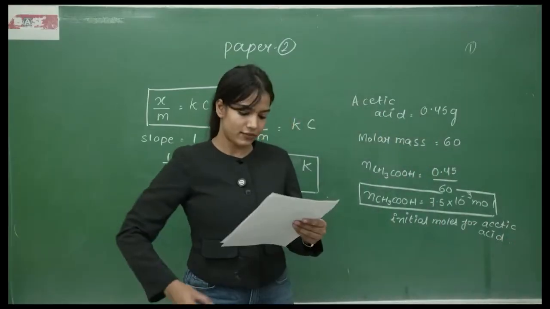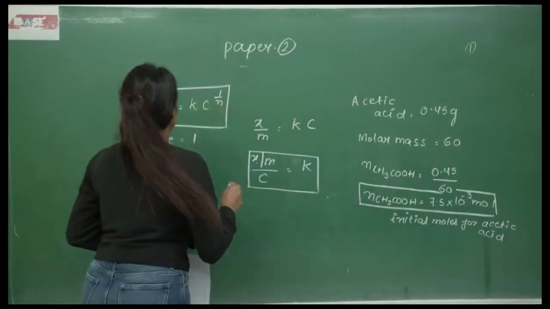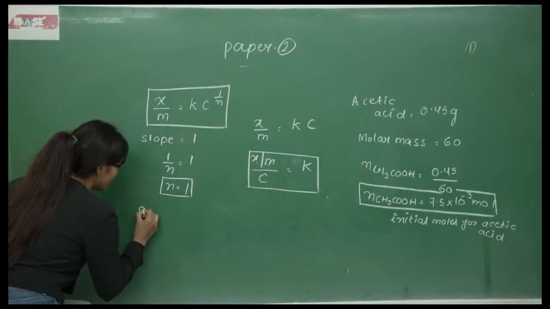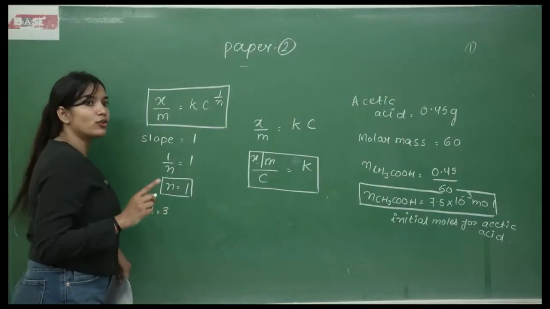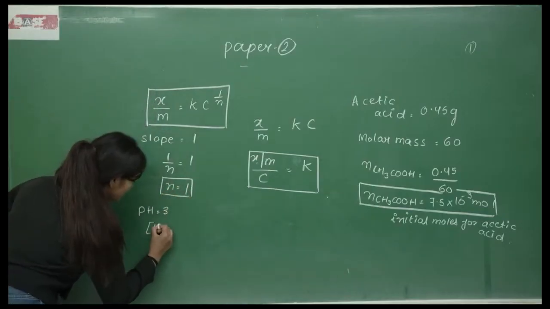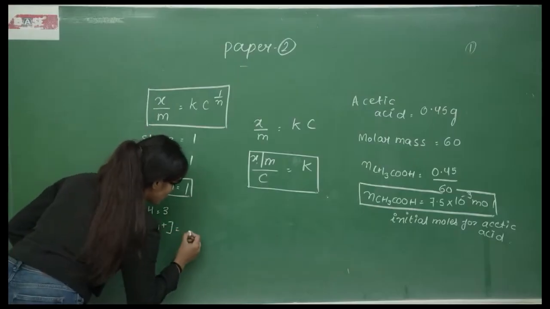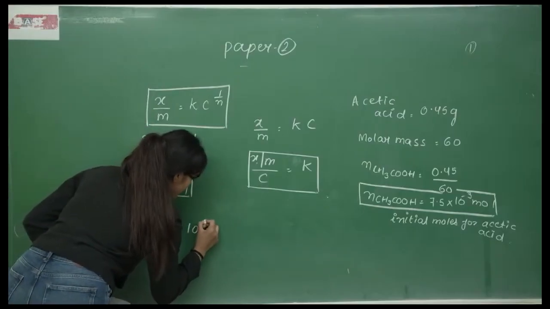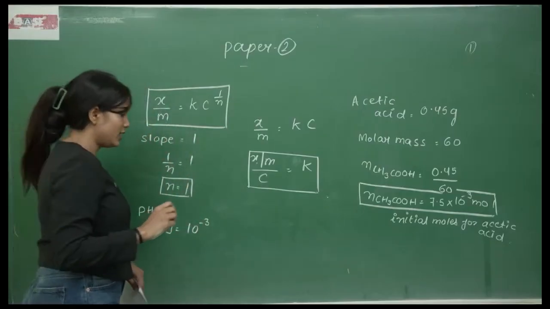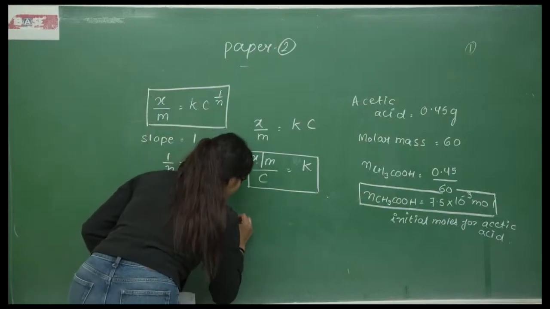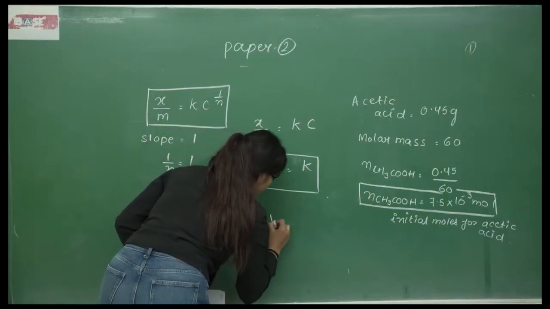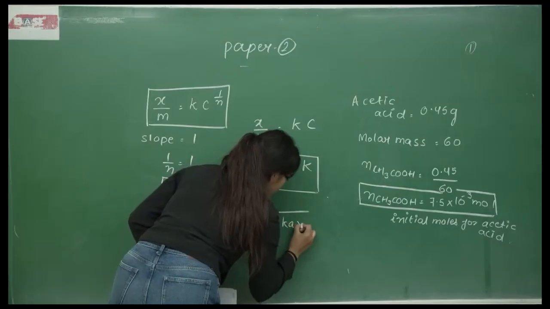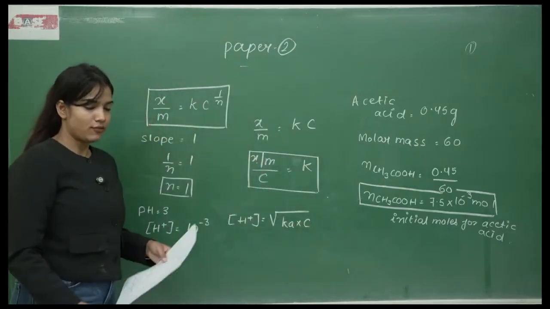Now we have been given the pH value also. The pH value is 3. So if you want to find the concentration of H ion, that should be 10 raised to the power minus 3. Now we know that H+ is equal to root Ka into C. That is the formula.